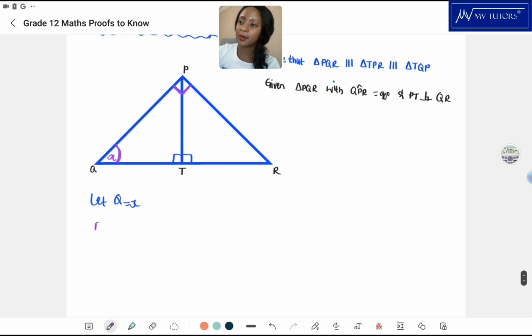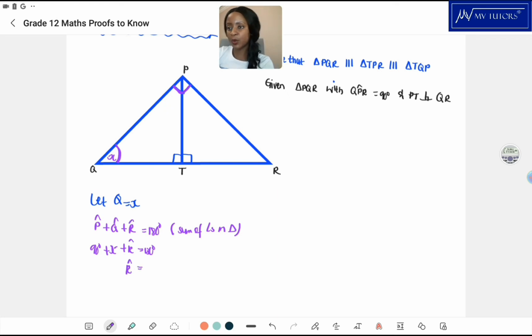Well, basically, P plus Q plus R would be 180 degrees, and that is the sum of angles in a triangle. P we have as 90 degrees, Q we have as X, and we have R, and all of that is 180. Therefore, R would be equal to 180 minus 90, that would be 90, and then minus X. So R there we have as 90 minus X. That is for the big triangle.